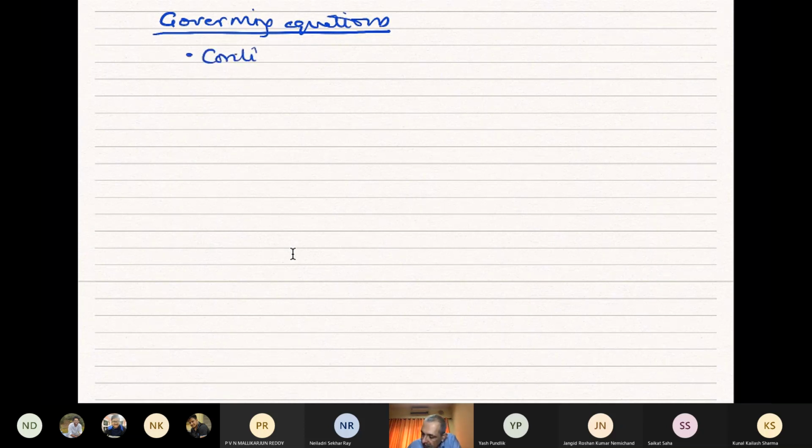And so now with this as a background, let me write down the governing equations for this theory for rapid flow. And in here, the first equation is the continuity equation.